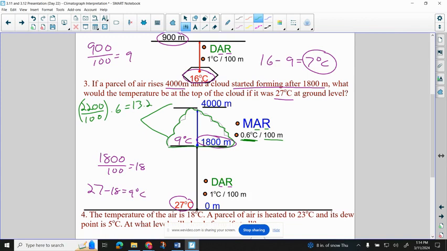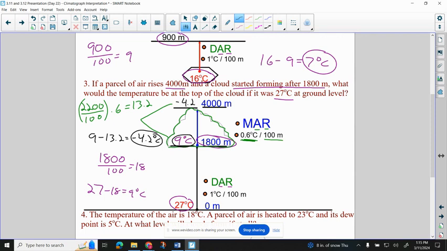The temperature was 9 degrees at the bottom of the cloud, and it went down another 13.2. So 9 minus 13.2 is equal to negative 4.2 degrees Celsius. So that is here at the top of the cloud.